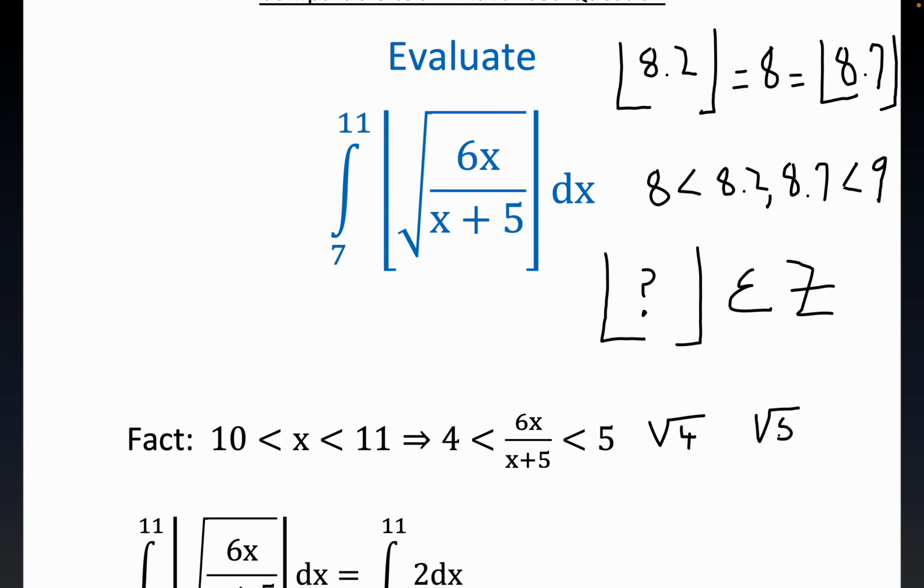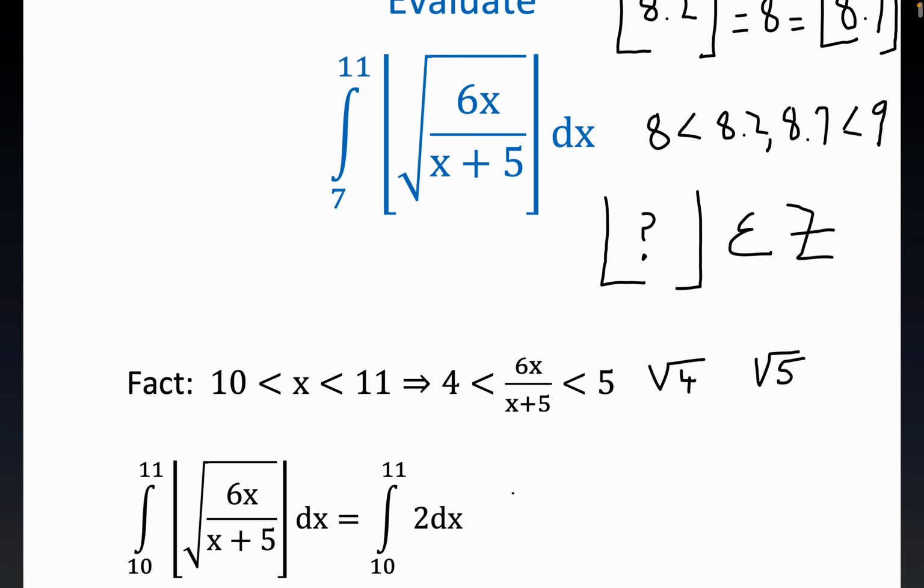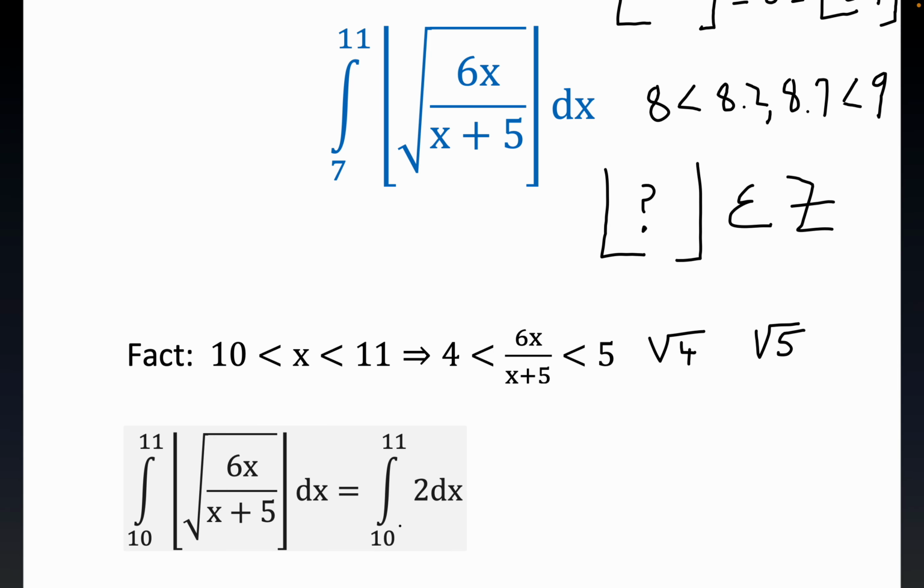So we can conclude that the floor of any number in the interval 10 to 11 is going to be the 2 that you see right here. As I said before, this is easy to integrate. The answer is just 2: think of a rectangle of height 2, width 1. The antiderivative here would be x, but it's easier to think of this geometrically as the area of a rectangle.